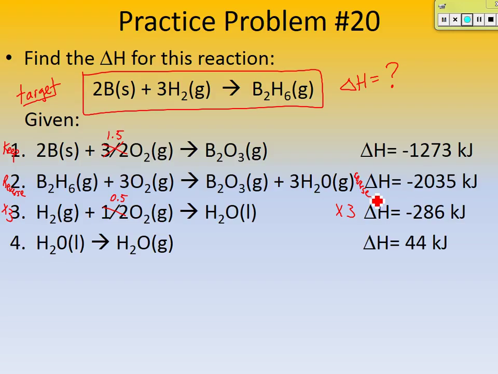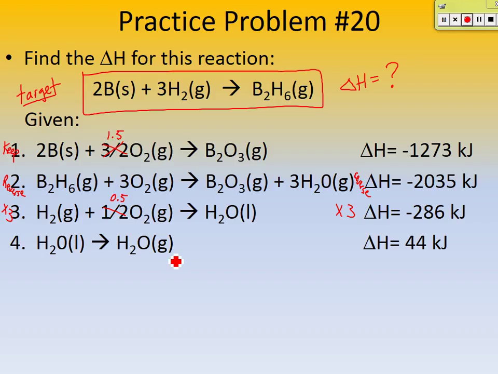Okay, now, why did they even put equation number 4 in here if there's no water in the target equation? Because there's water in the other ones that we've got to cancel out, correct? So, let's look at the phases here, guys, it's going to be important. What does this little L mean? It's a liquid. What does the G mean? It's in the gas phase. That is going to be important when we look at these equations to try to get it to cancel out.